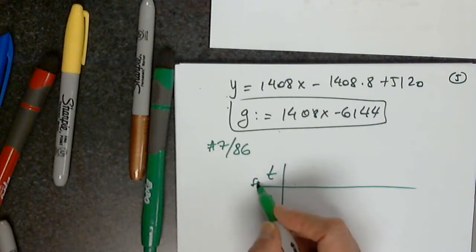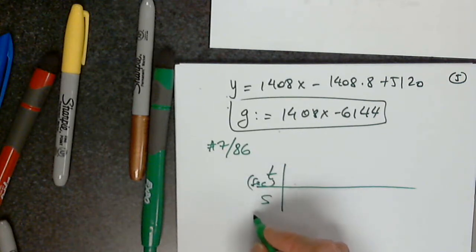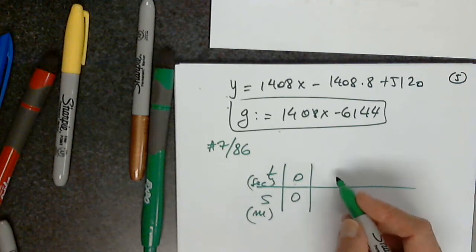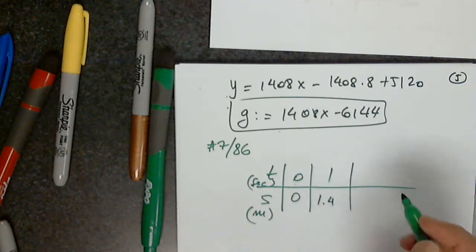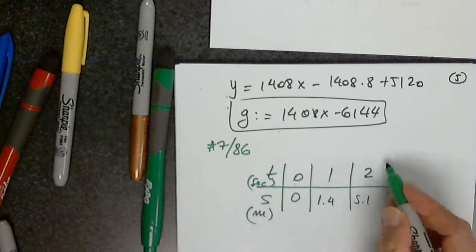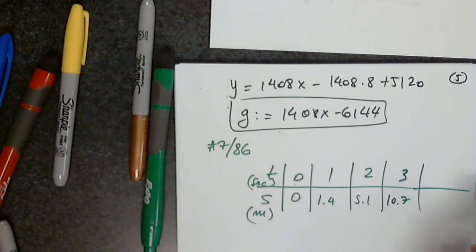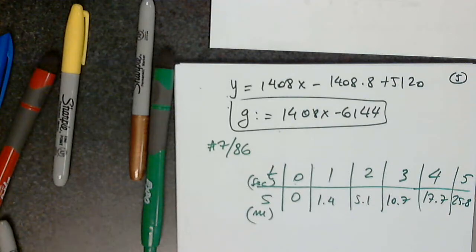So t is in seconds and distance is in meters. 0, 0; 1, 1.4; 2, 5.1; 3, 10.7; 4, 17.7; and 5, 25.8.